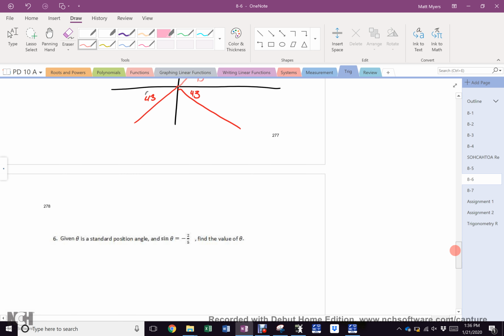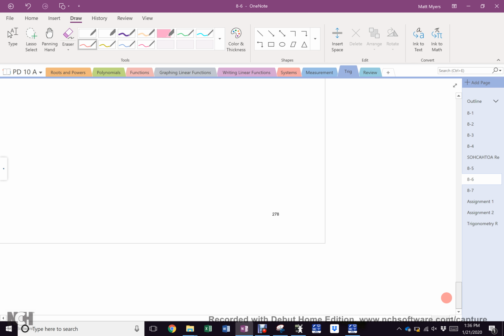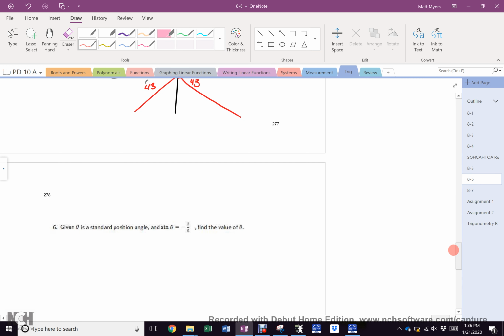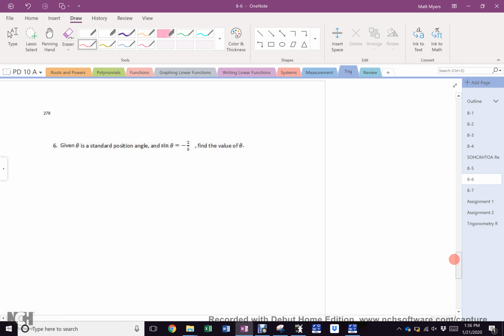All right. Let's try one last one together, and then you're going to be doing some work. Why would you do anything with 270? We only use reference angles. Reference angles are always between the x-axis.